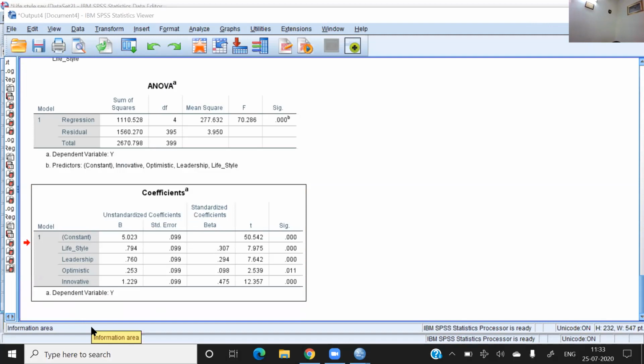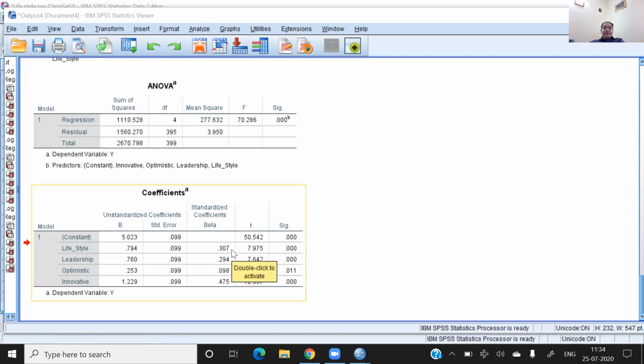Now I want to find out which variable has the highest impact and which has the lowest. So you say that lifestyle is having the highest impact? No, the answer is no.